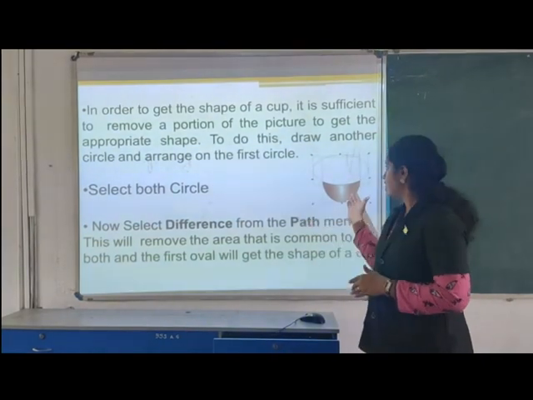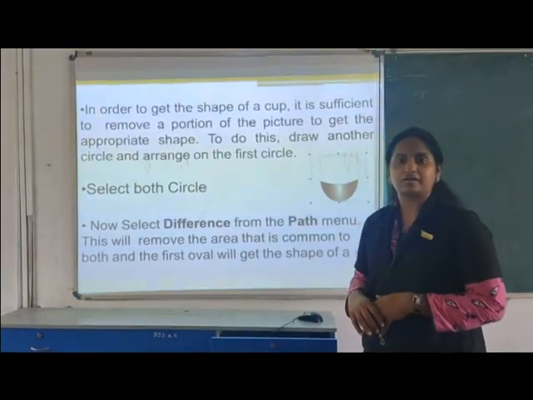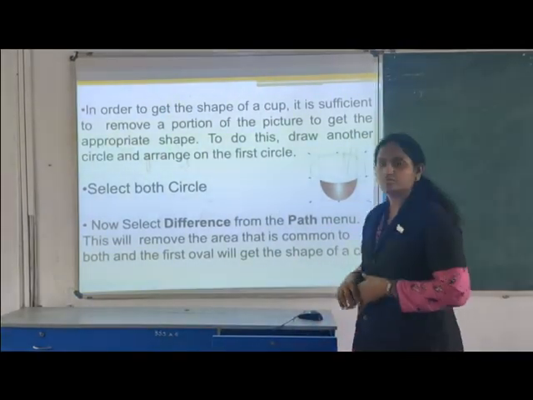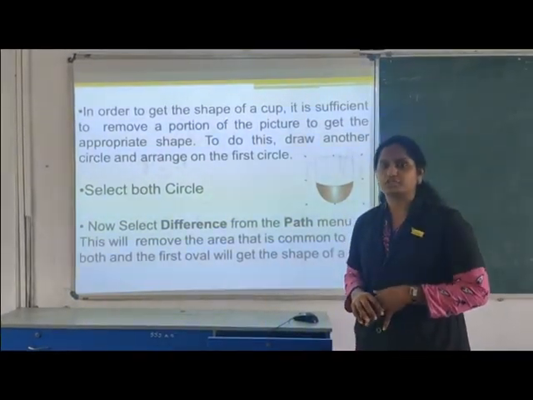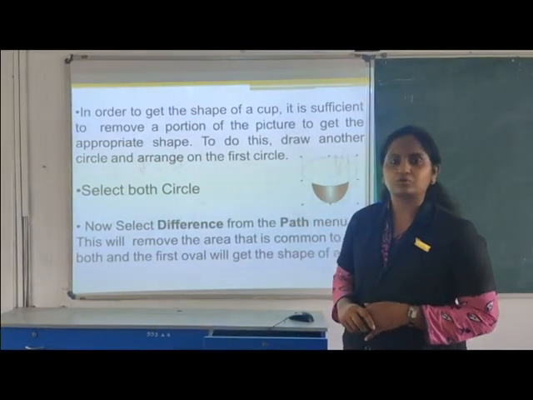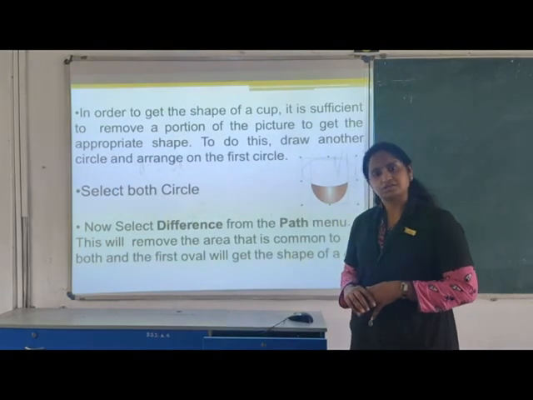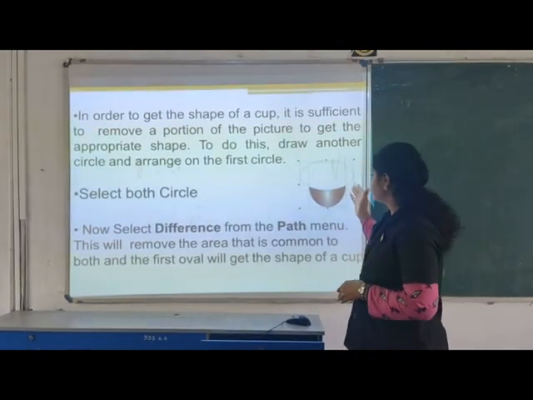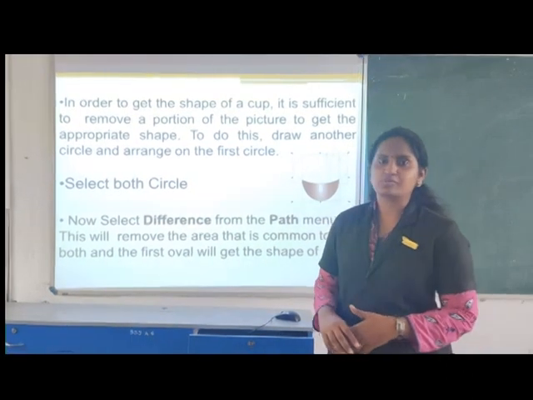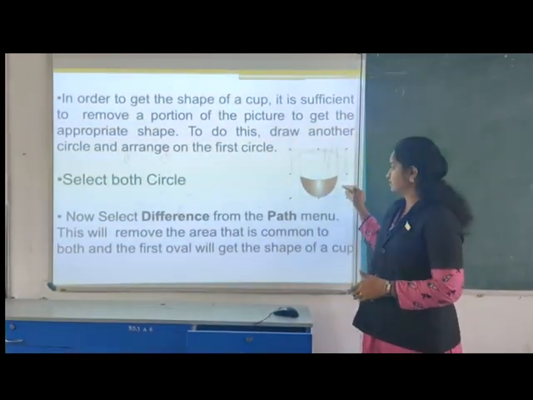And the next step is how to remove the particular part of the first circle. Select both circles using the shift key that we discussed in the last class. For selecting any 2 or 3 objects you can use the shift key. Then remove the part of the first circle.